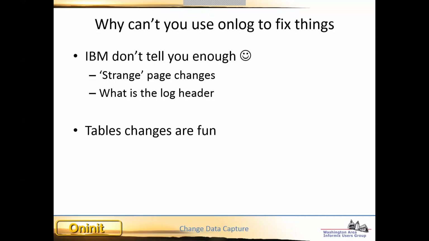If your table has changed, so if you imagine you've got a table that is just a single integer column, that's fine, that's your standard byte size, and you change that to 2 small ints, unless you're tracking the DDL, you have no idea that has changed.